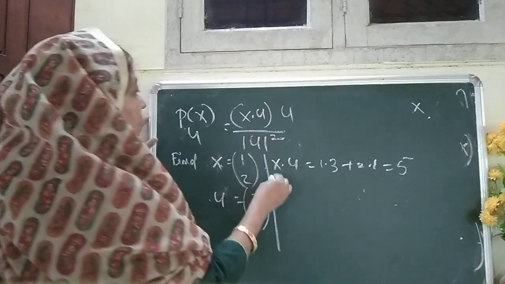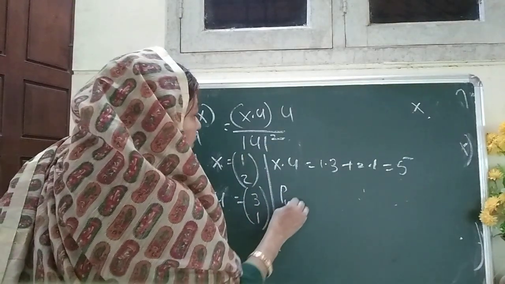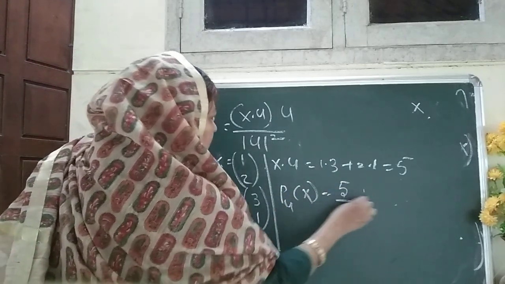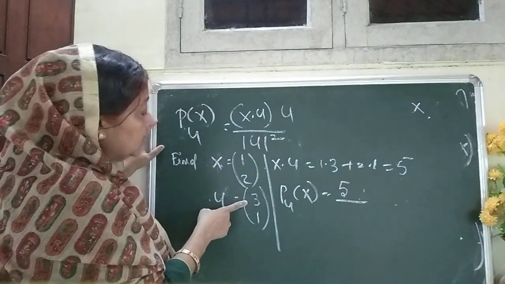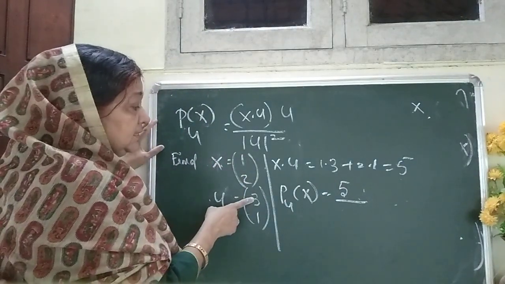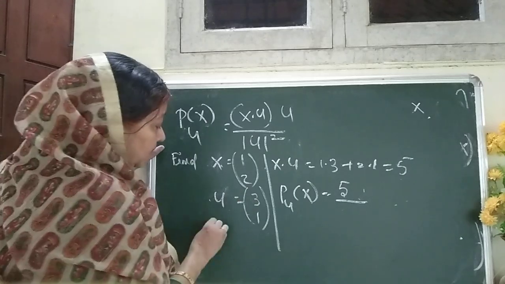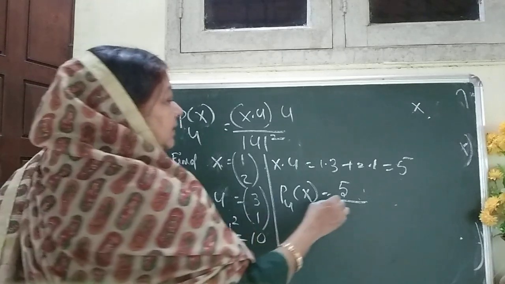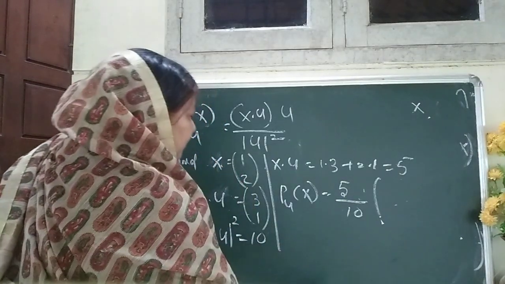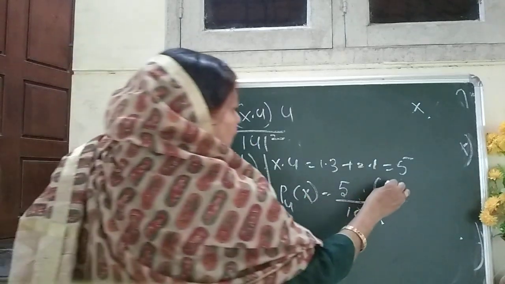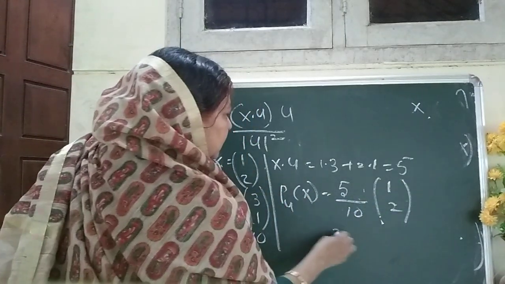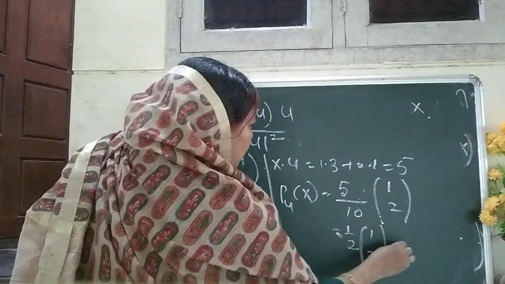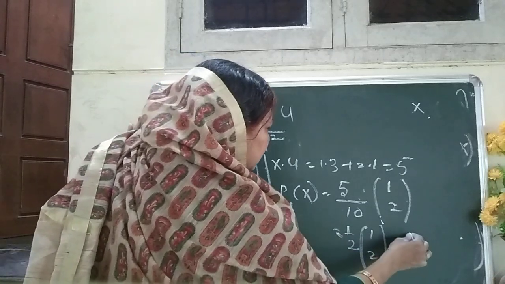Therefore, Pu of x equals x dot u, 5, by modulus of u squared. Modulus of u squared is 3 squared plus 1, which is 10. Therefore, it is 5 by 10 into the vector u, that is 1 by 2 into (1, 2)... or rather the projection is the vector 1 by 2 times (3, 1).